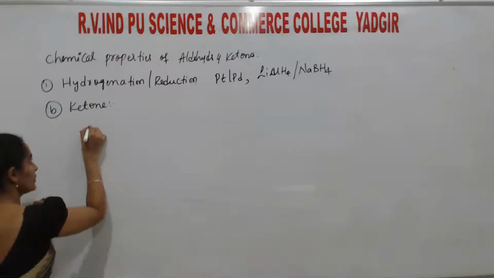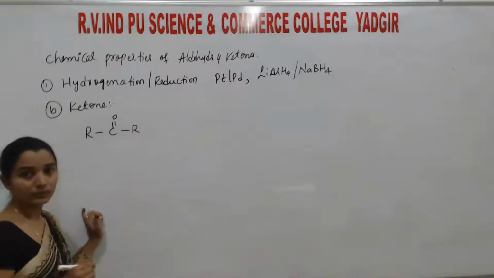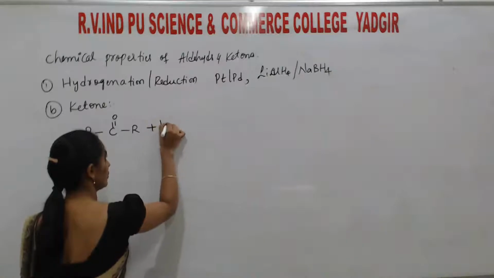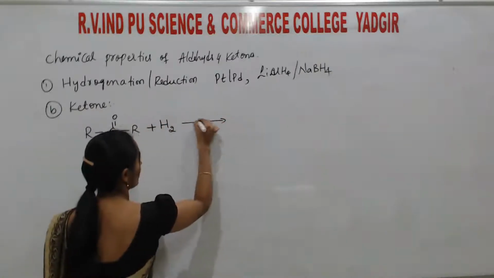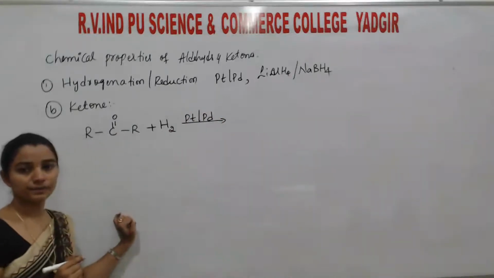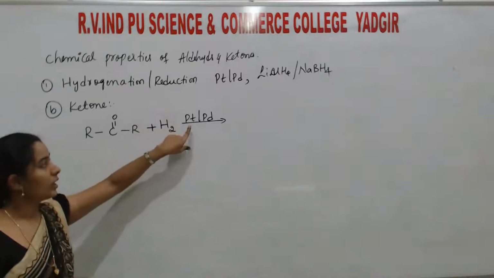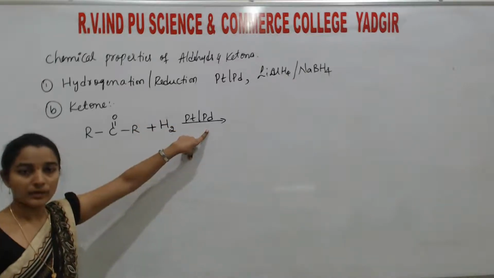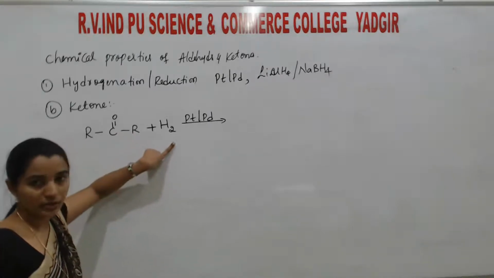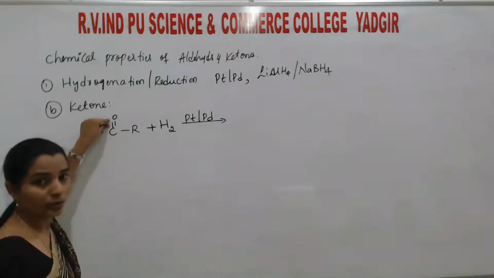So the general formula of ketone is R C double bond O R. Next, it undergoes hydrogenation in presence of platinum or palladium as a catalyst. First, listen. Here also, as I told you, the addition reaction. Hydrogenation means addition of H2 takes place where the double bond is present.